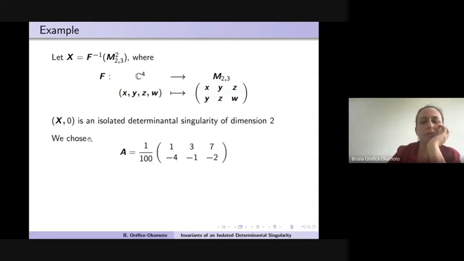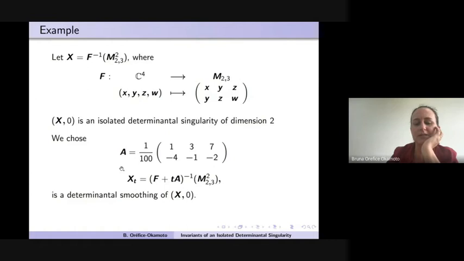So I want to calculate the vanishing Euler characteristic of this X here. So I will consider a determinantal smoothing of F. I pick a matrix A here, and X_t, the inverse image of the set of matrices with rank less than 2 by F plus tA, is the determinantal smoothing as we did before.